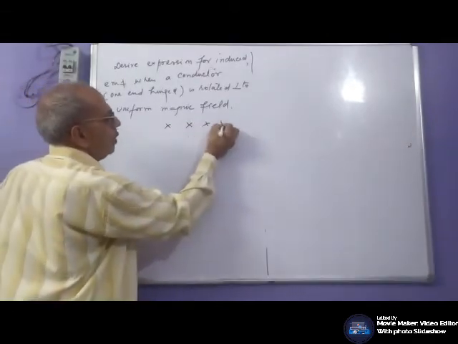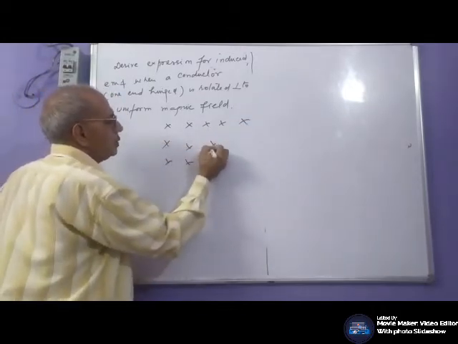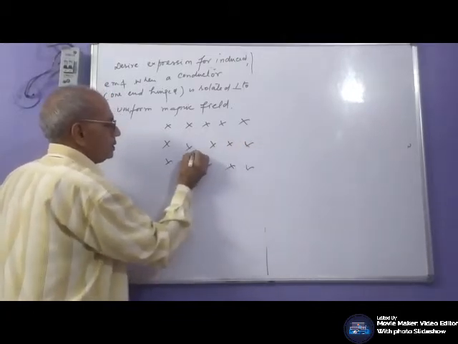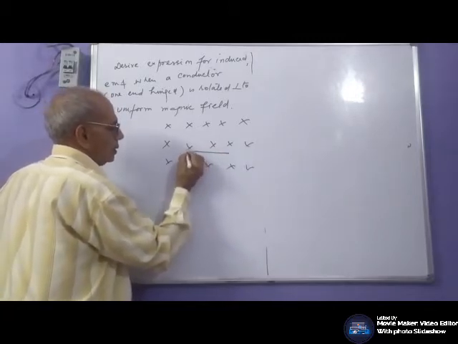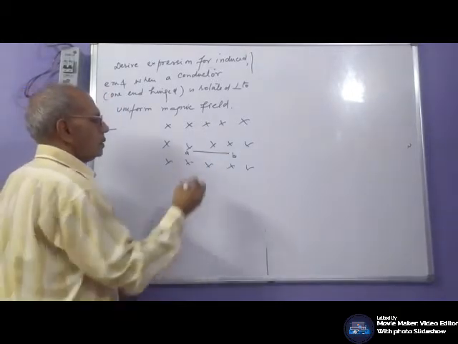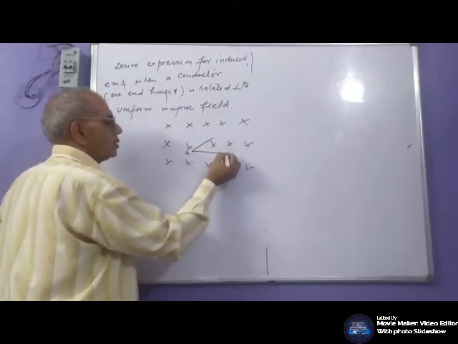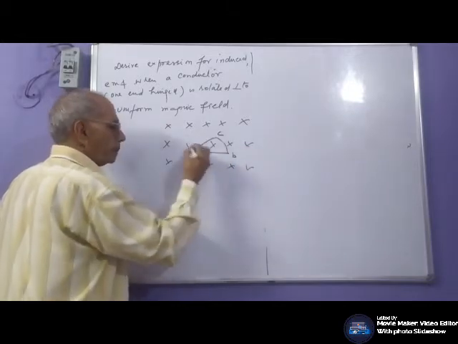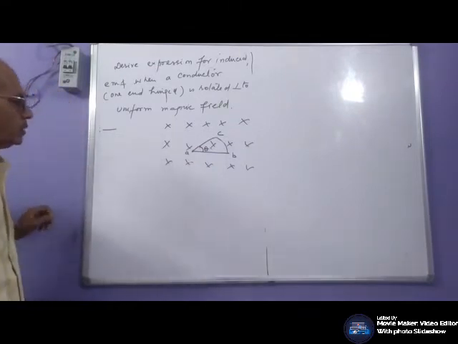This is uniform magnetic field acting inward. This is a conductor. This end is hinged. The conductor is rotated. Theta is angular displacement.